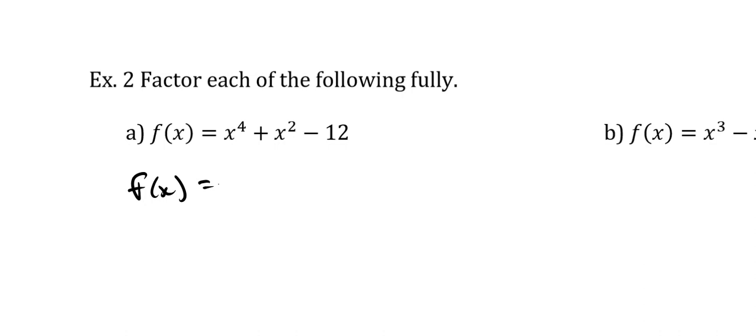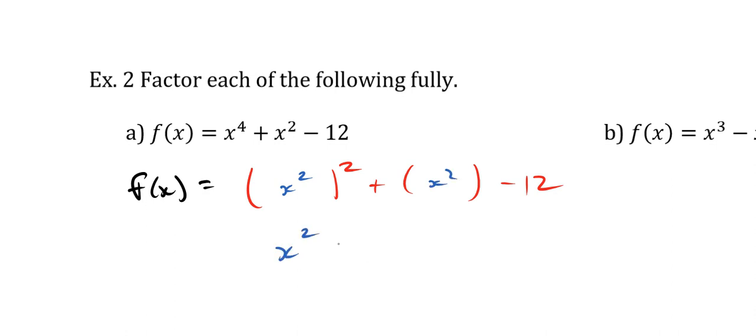What makes this a grade 10 question is that it's in the form like a quadratic, isn't it? Something squared plus something plus a constant. Okay, don't write this down. I'm going to scribble some stuff here. So this is like something squared plus something and then a constant. But what is that something squared? It's x squared.